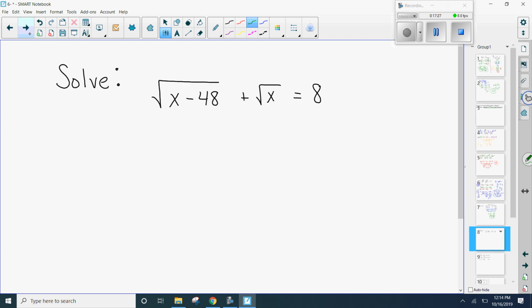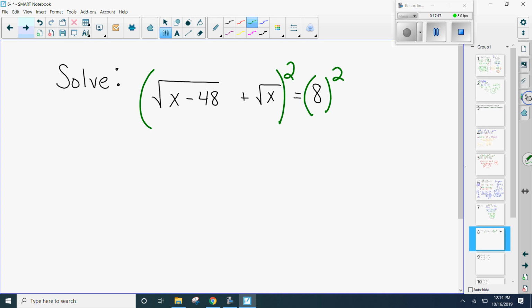But what happens when you have 2 radicals involved? I do want to caution you of something. Here's the common mistake people make. They want to square both sides. You get rid of a square root by squaring, right? But here's where you go wrong when you square both sides.